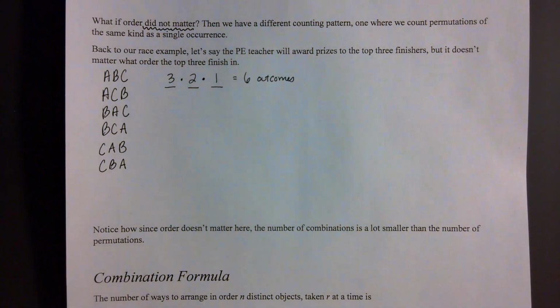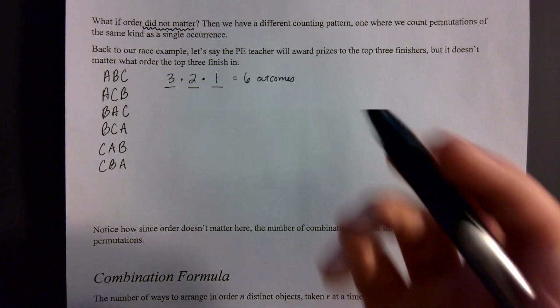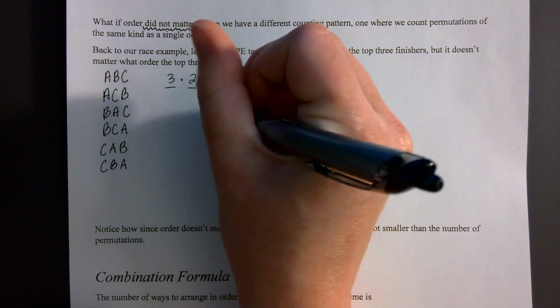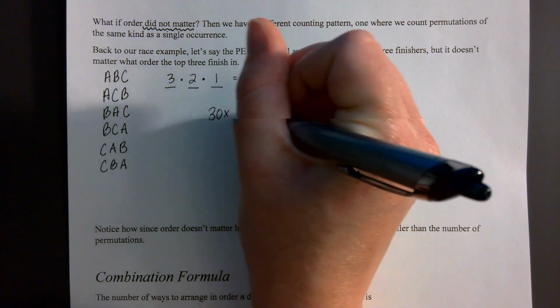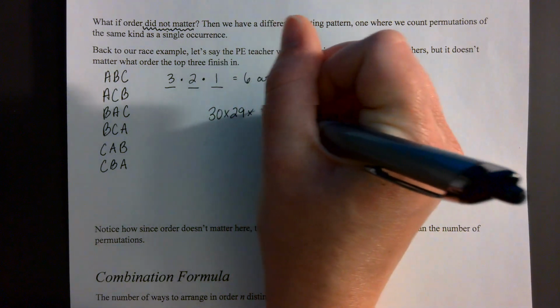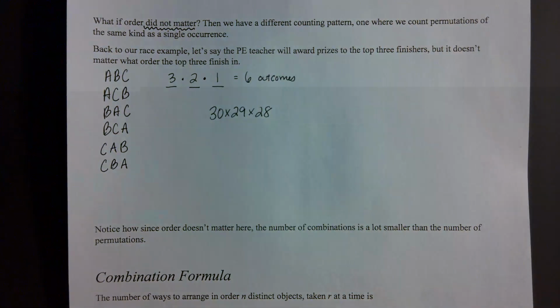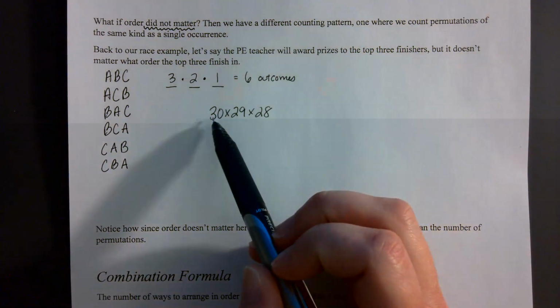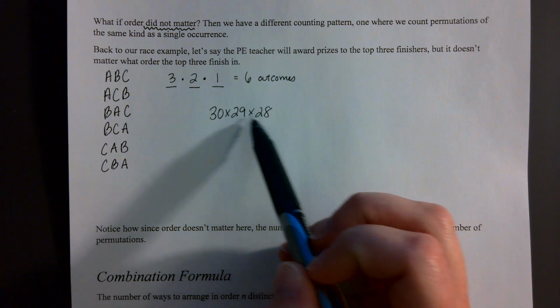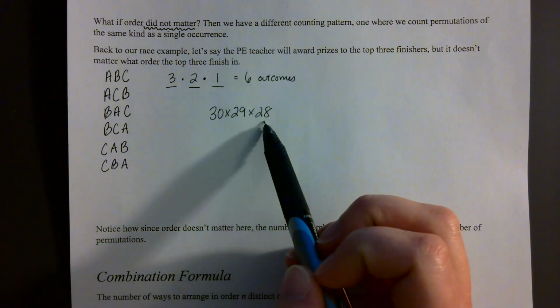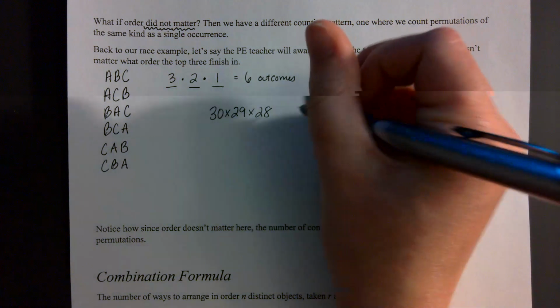So when we're looking at this, we had all of our permutations where we took 30 times 29 times 28. That was our permutation. We had 30 people for first, 29 for the second, 28 for the third, because the order matters. That's our permutation that we had here.